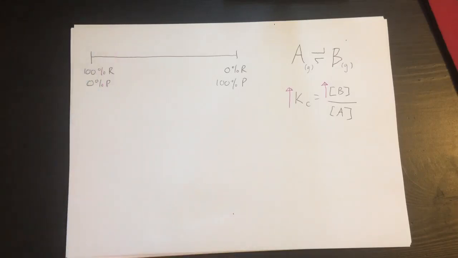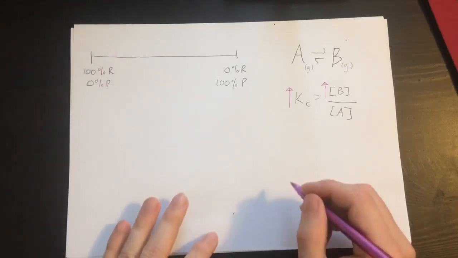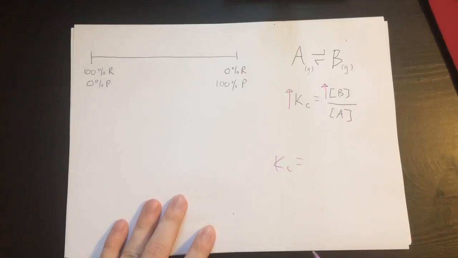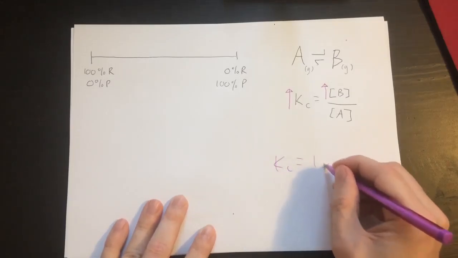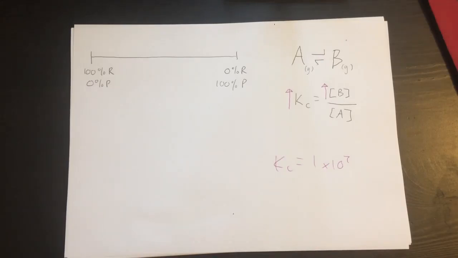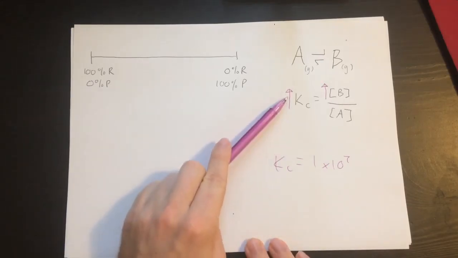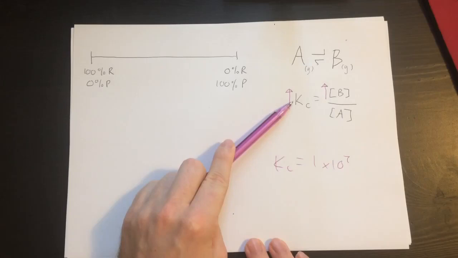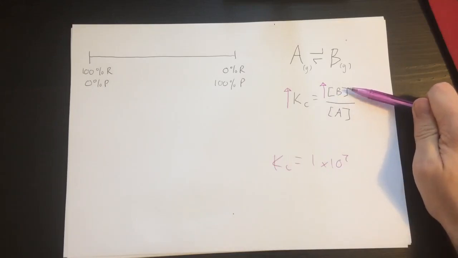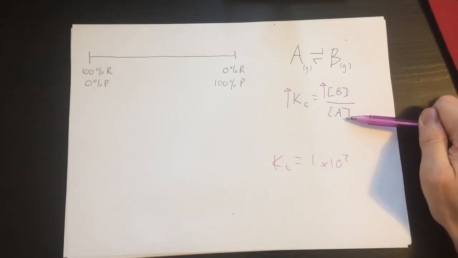So let's think about this in reverse then. If we find that Kc is a really, really large number, much greater than 1, and Kc can be massive, so let's say Kc is 1 times 10 to the 7, so a really huge number, that means at equilibrium you must have had a much greater concentration of products than you did reactants.